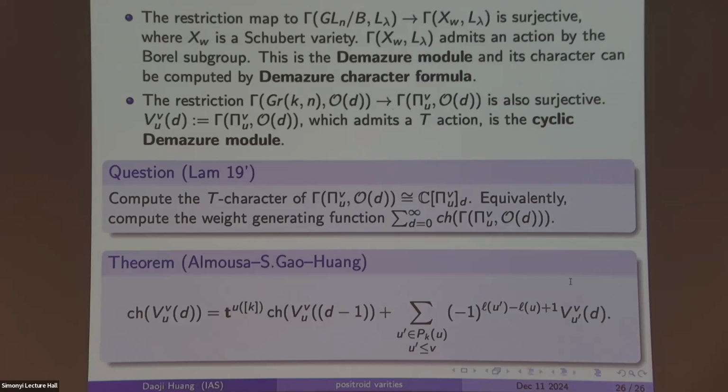One last thing I would like to say is that you can also just get this character formula directly by using our condition that characterizes the standard monomials for Positroid varieties and summing the weights, and that will give you the same thing. Okay, I would like to just end my talk here.